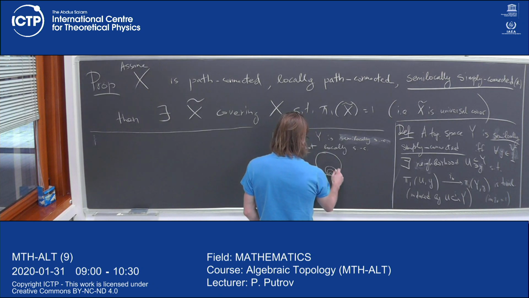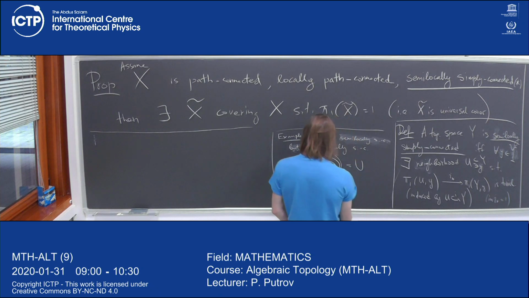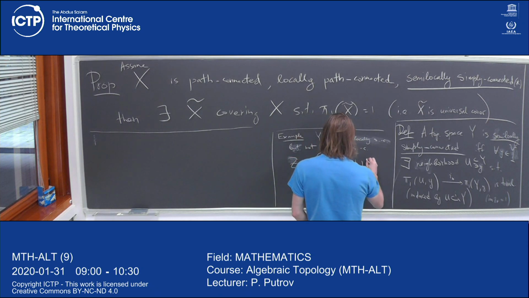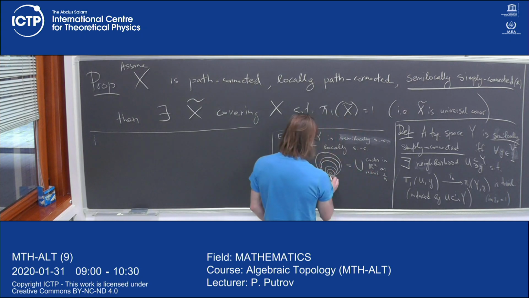So what you do is consider the union of circles in R^2 with radius 1 over n.